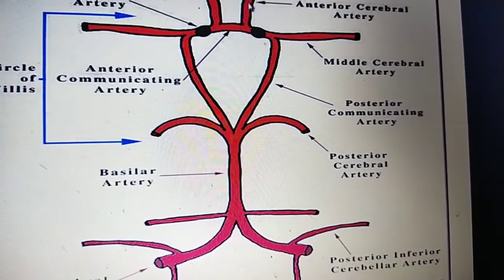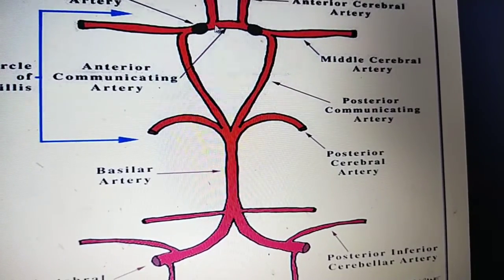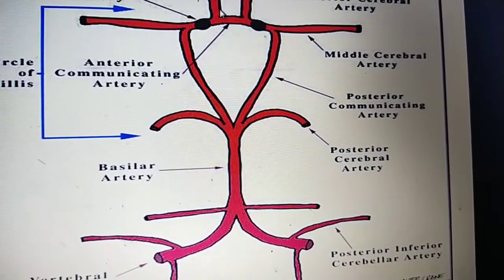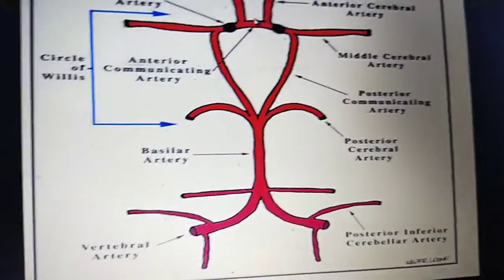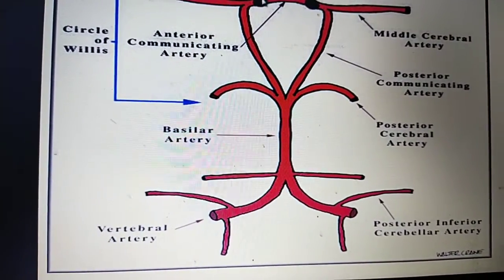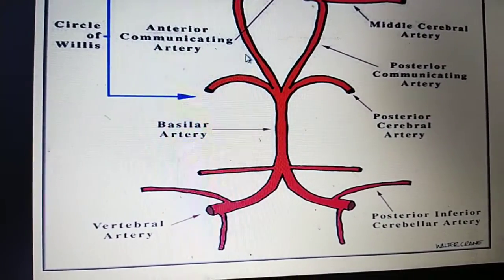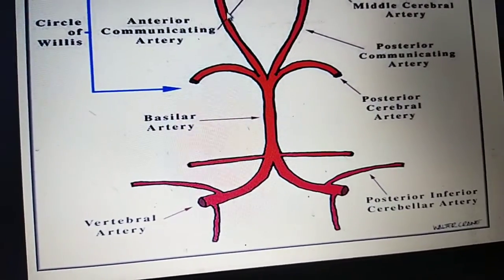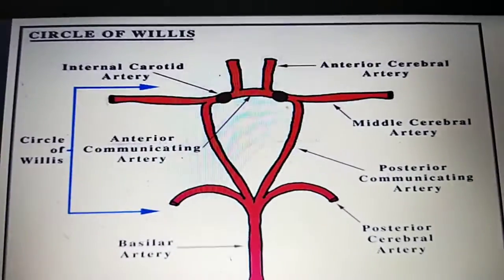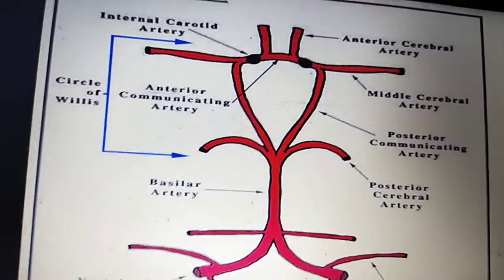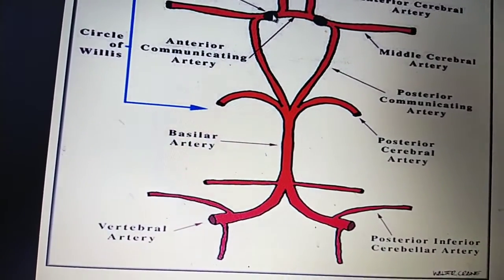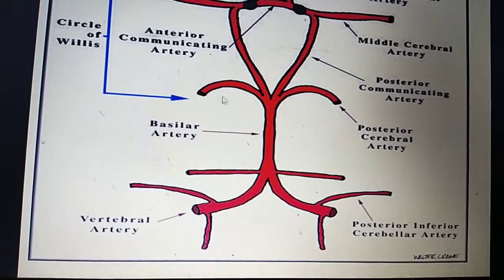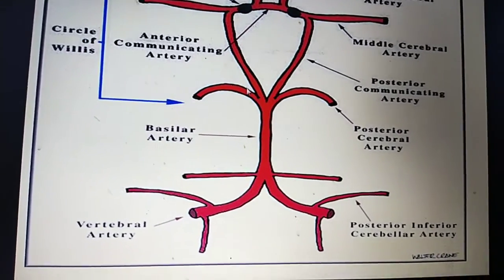This is the anterior cerebral artery. This is the internal carotid artery. 2 anterior cerebral arteries, 2 internal carotid arteries, 2 posterior communicating arteries. This is the internal carotid artery, and this whole thing you can see as the circle of Willis.